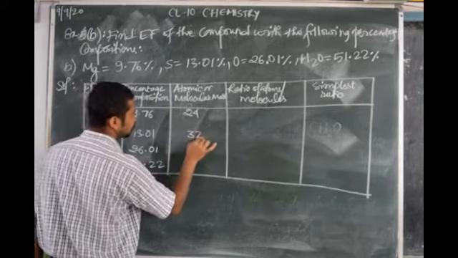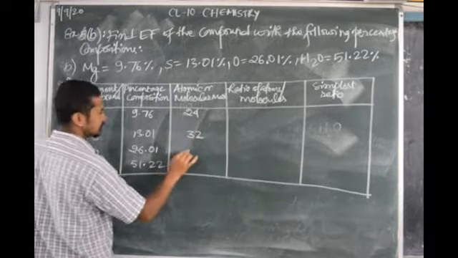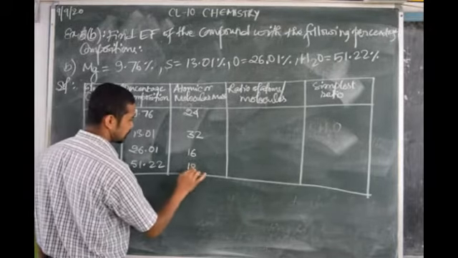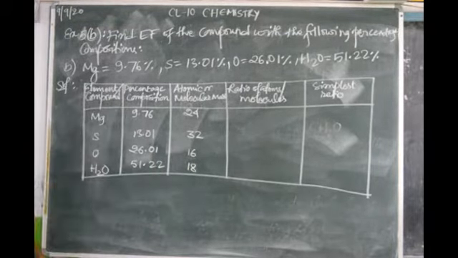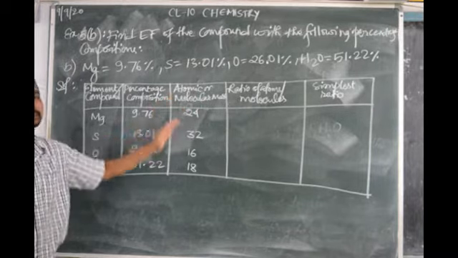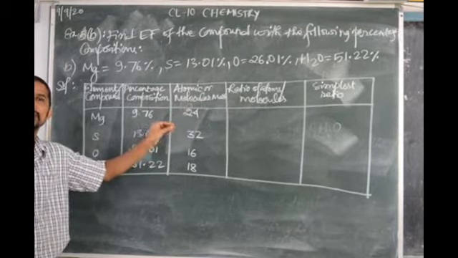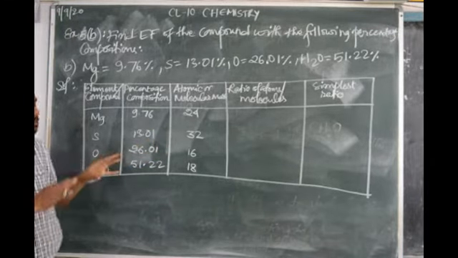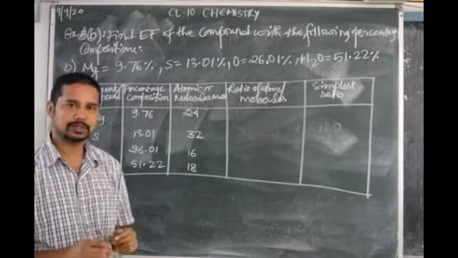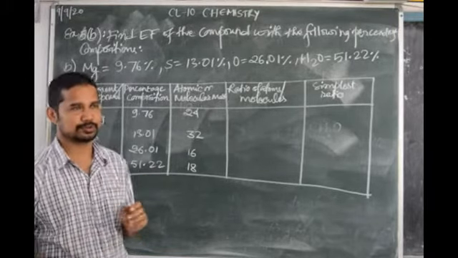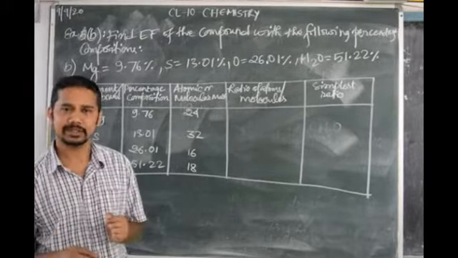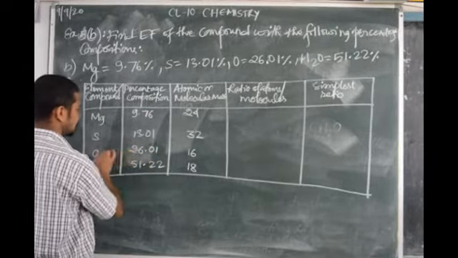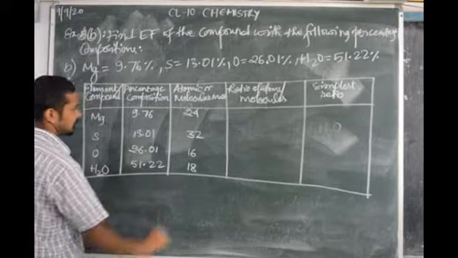Atomic weight of oxygen is 16, and molecular weight of water is 18. This is not given in the question. That means you need to know atomic weight of some common elements which we generally use for doing numericals and all.